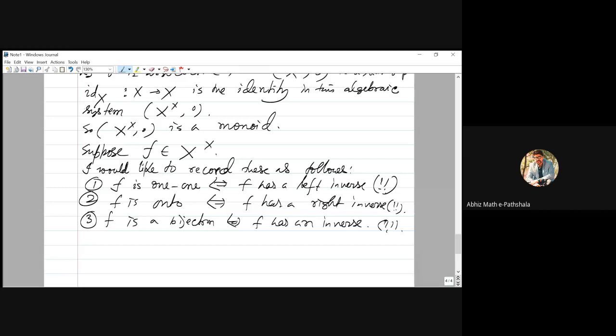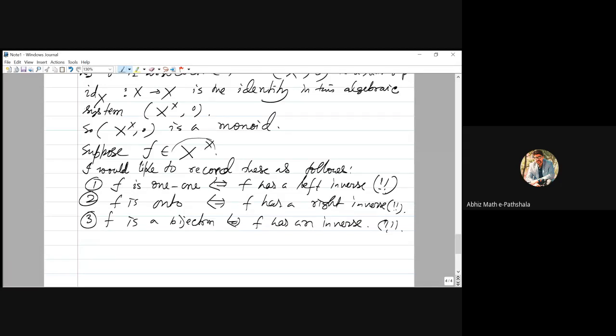So you see that you cannot conclude that every element of this algebraic system will have an inverse. It depends on the character of the map, whether it is 1-1, whether it is onto, or it is a bijection. If it is a bijection, then you can definitely conclude that yes, it has an inverse.